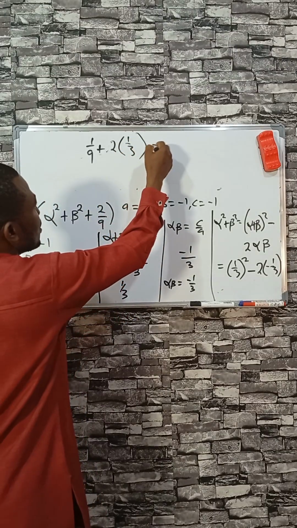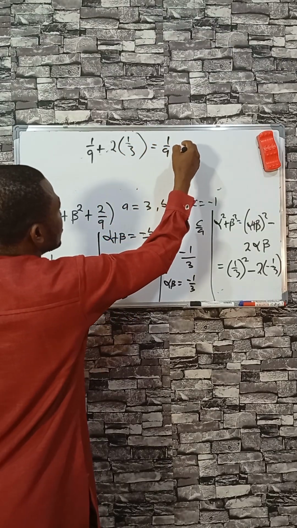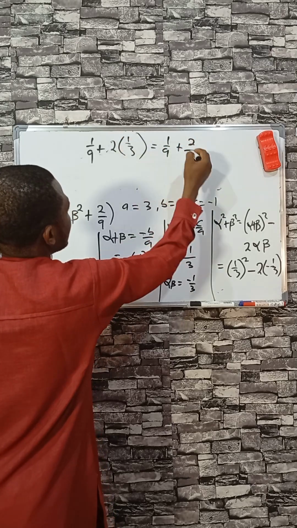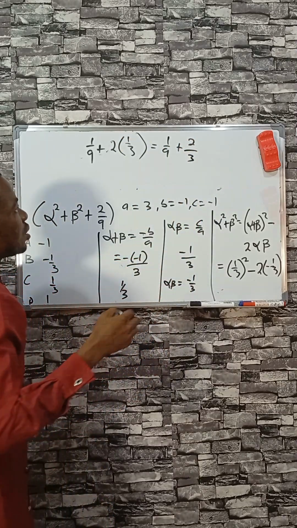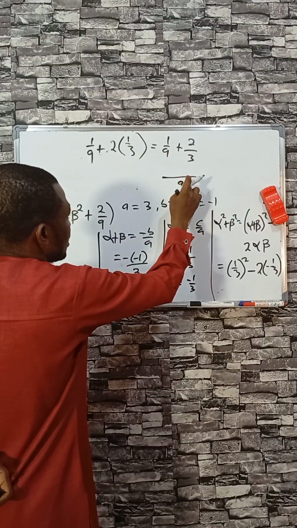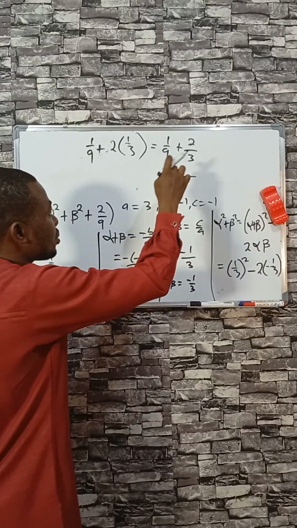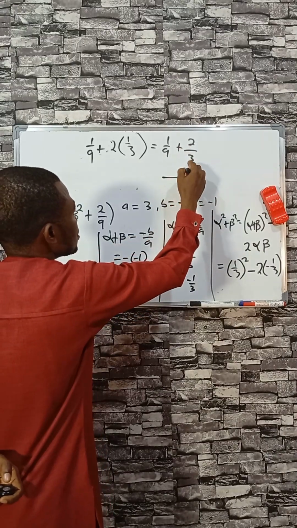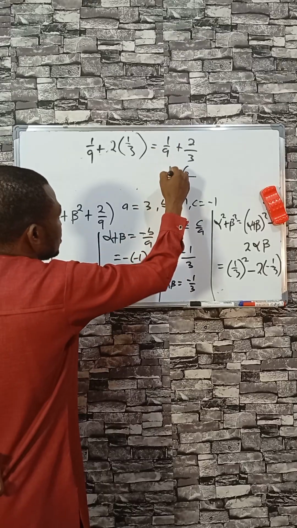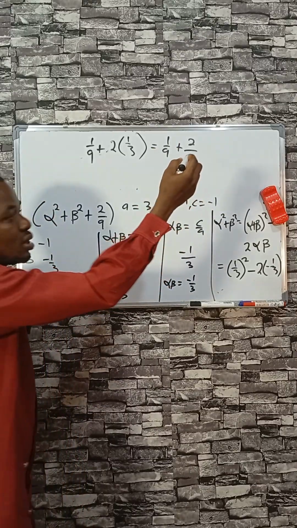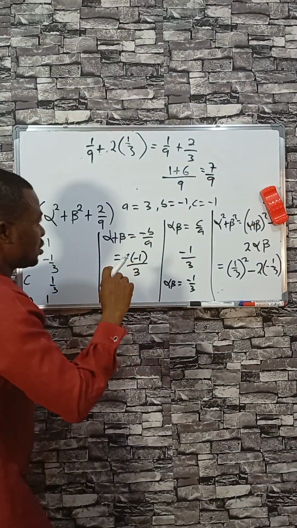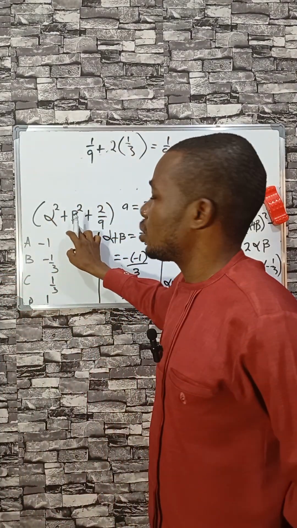What do you have there? 1 over 9 plus 2 over 3. So now here the LCM is 9. 9 divided by 3, that is 3. 3 times 2, 6. Here 9 divided by 9 is 1, times 1 is 1. So 1 plus 6, that is 7. 7 all over 9 is the value of alpha squared plus beta squared.